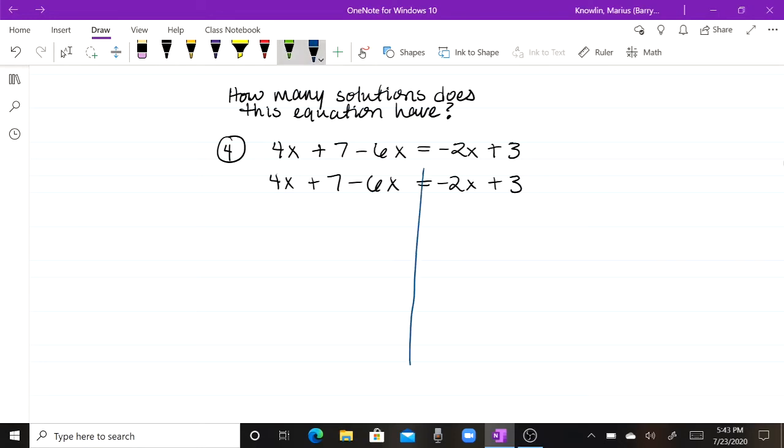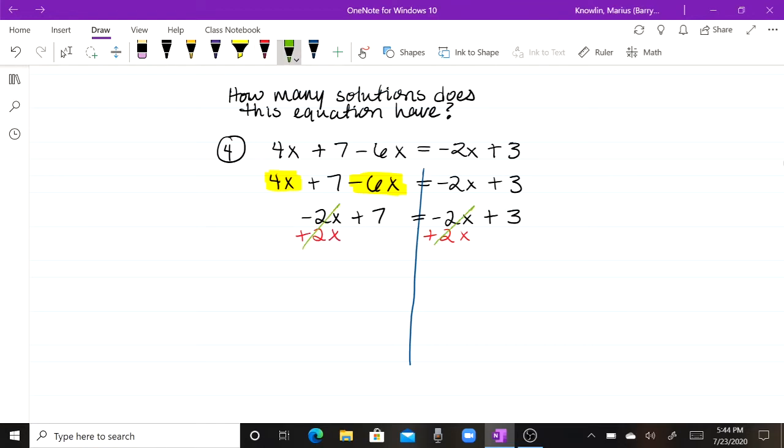And on the left side, we can go ahead and combine our like terms, positive 4x and negative 6x. When we combine those, that's going to give us a negative 2x. We bring down the positive 7. And on the right side, we're still going to have negative 2x and positive 3. Now we can go ahead and group our like terms together by adding 2x to both sides.